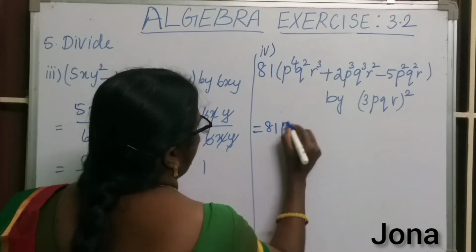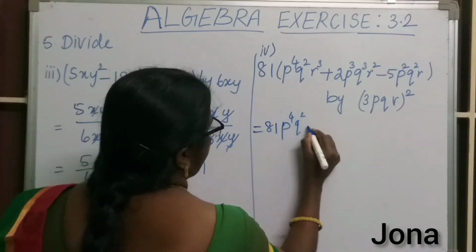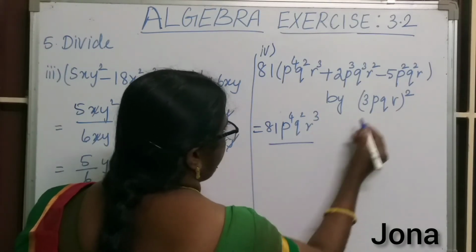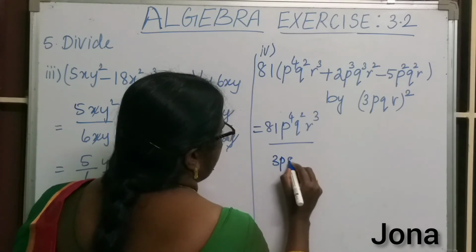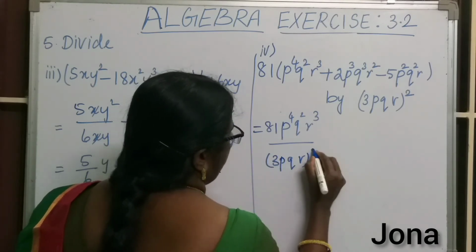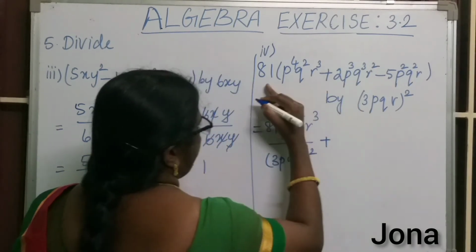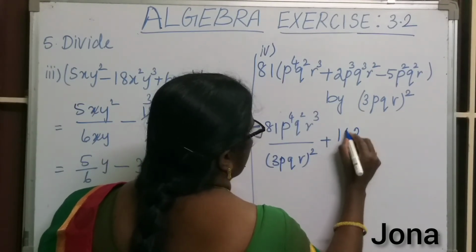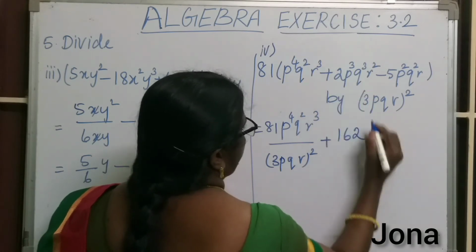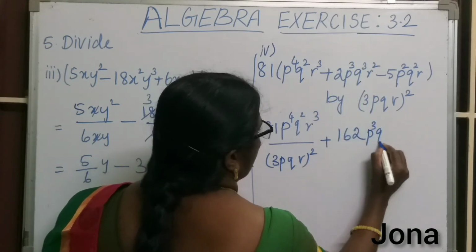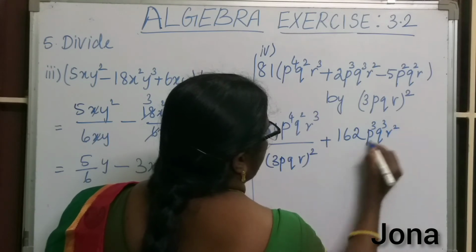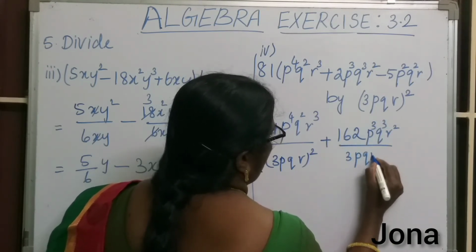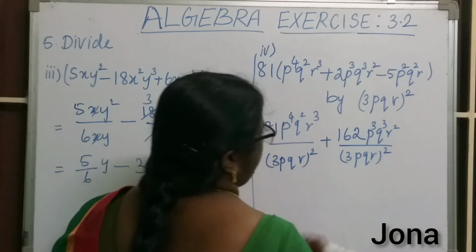81 p power 4 q square r cube, and then divided by this 3pqr the whole square. Plus here 81 into 2, that is 162 p cube q cube r square divided by this 3pqr the whole square.